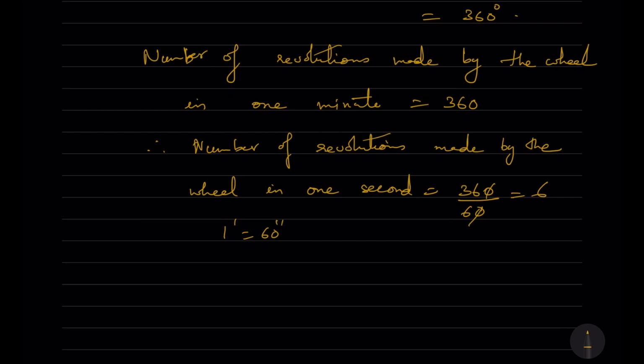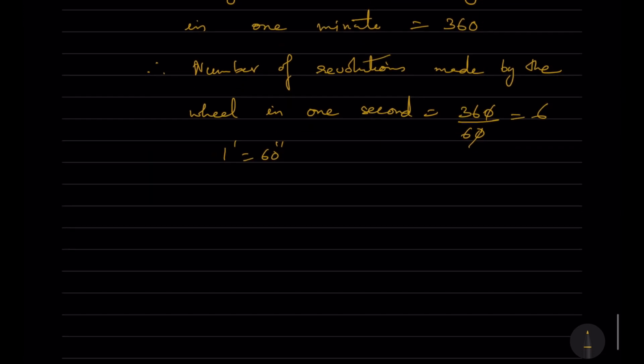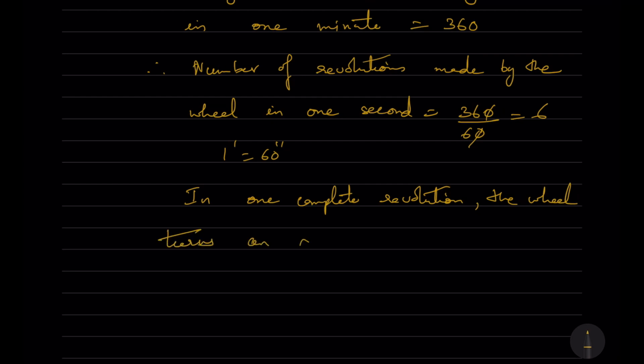So now therefore in one complete revolution the wheel turns an angle of 2 pi radians, because we have already seen that it is equal to 360 degrees, which is nothing but equal to 2 pi radians.